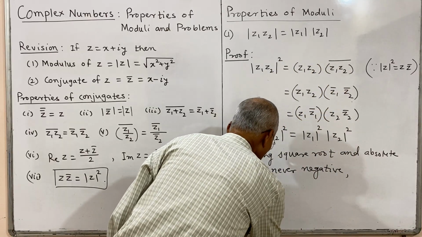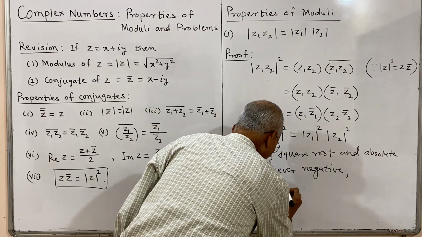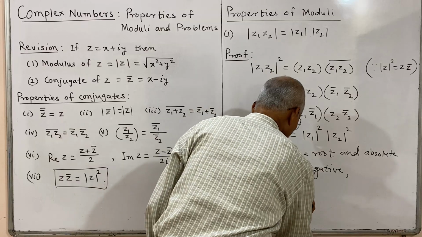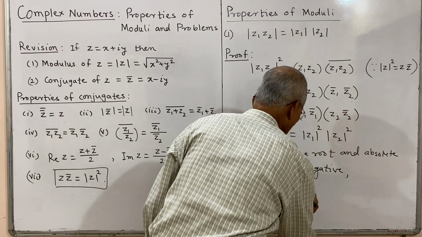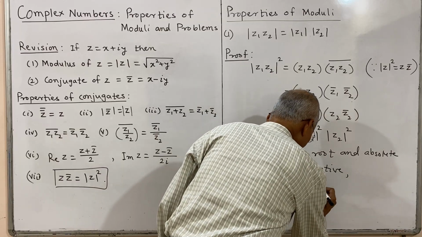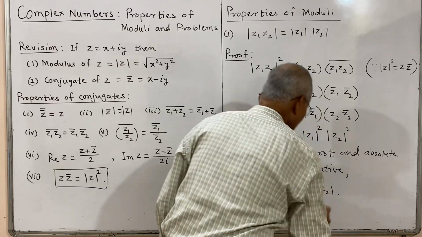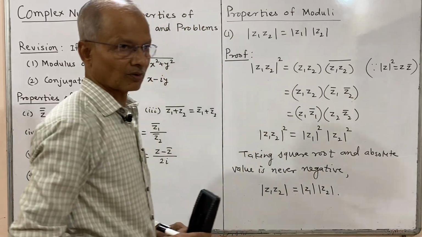We get mod of z1 z2 is equal to mod z1 mod z2, and this proves the first property.